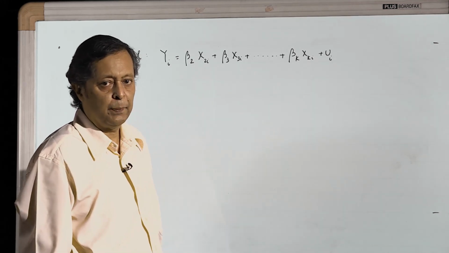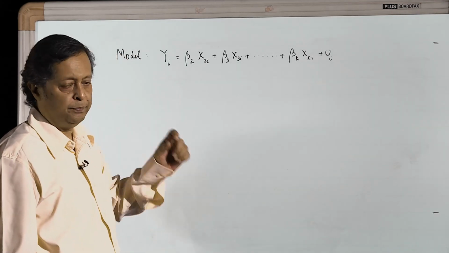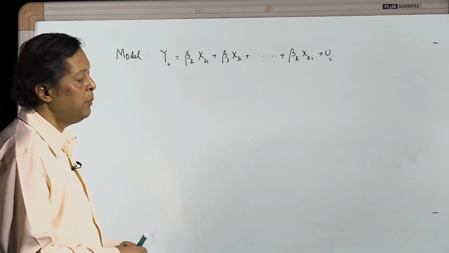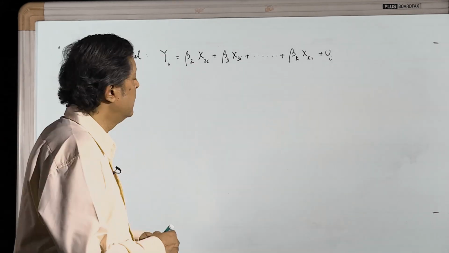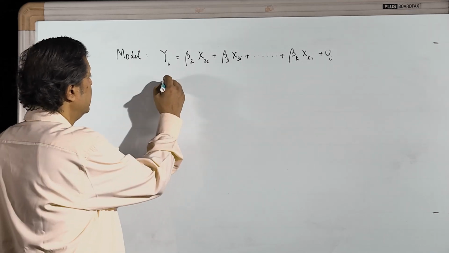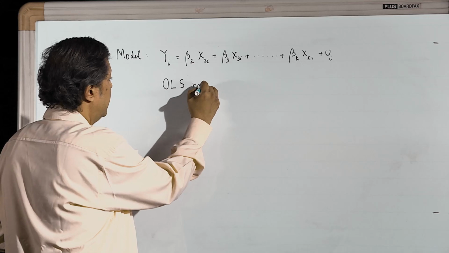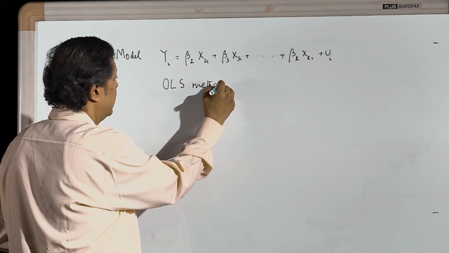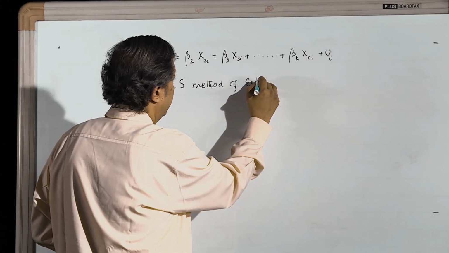The only thing that is absent from the model is the first intercept, that is beta 1. So, this model, because it follows the classical properties, is estimated by using the ordinary least squares method of estimation.